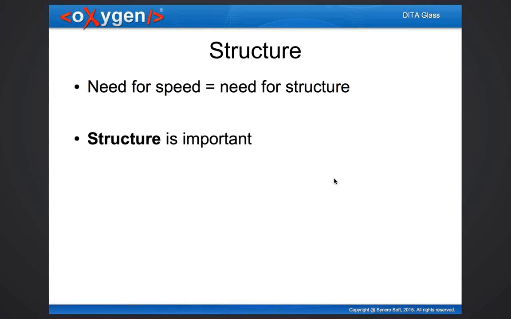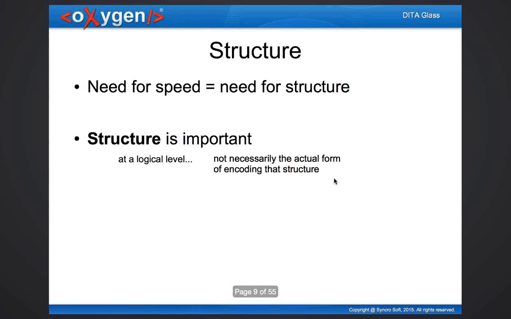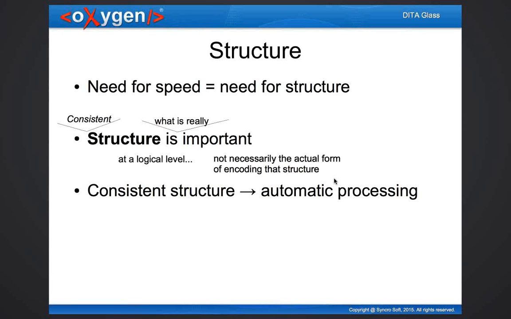And the structure is important, and I mean basically at a logical level, not necessarily the actual form of encoding that structure. We can have that structure encoded in different forms, but what's really important is having a consistent structure, because a consistent structure implies automatic processing. So we are able to write algorithms to process that structure.